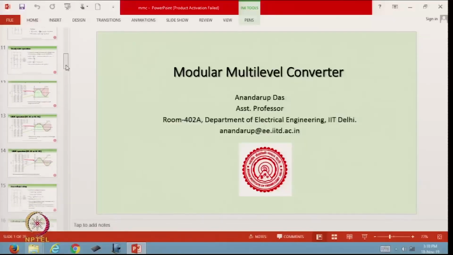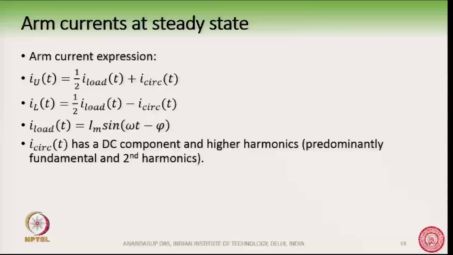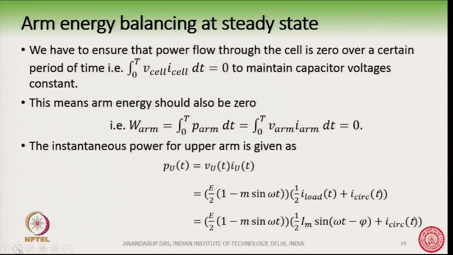In the last class we had covered up to the point where we said that there is an arm current at steady state which has both a DC component as well as an AC component, and we said that in order to maintain the capacitor voltages constant, the DC component.